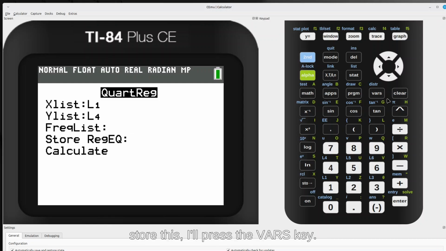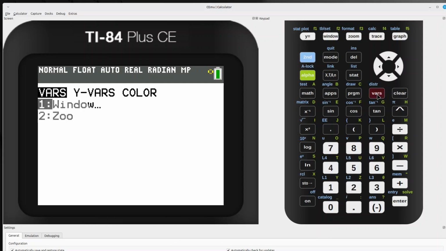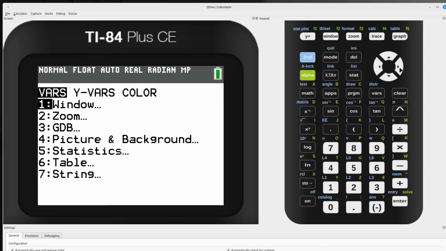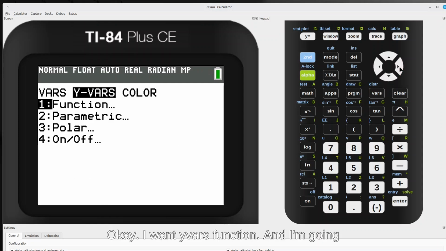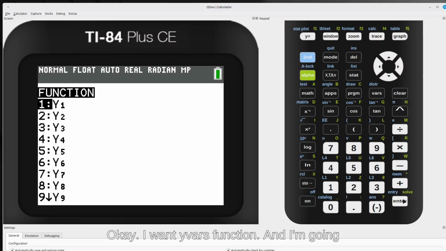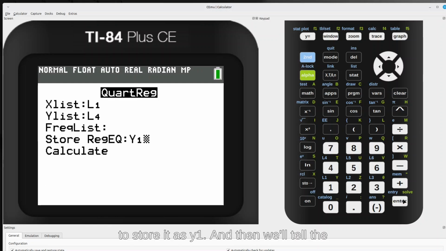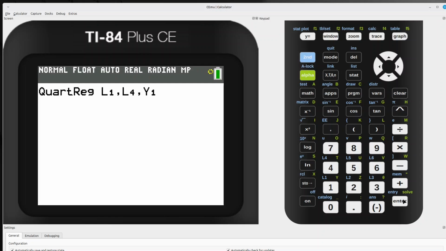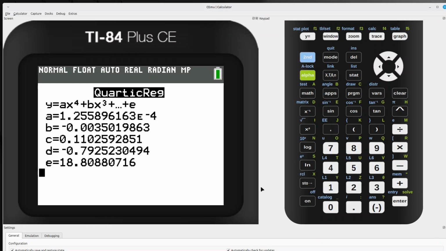So to store this, I'll press the vars key. I want yvars function, and I'm going to store it as y1. And then we'll tell the calculator to calculate this regression. I have to press enter a couple times. Okay, now it has it calculated.